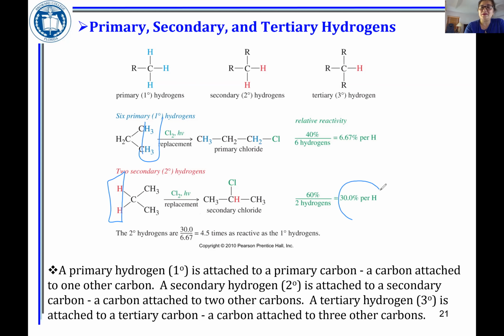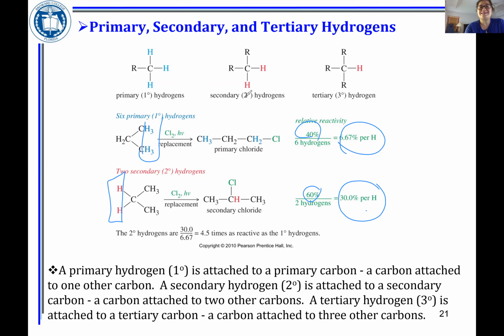Because you get like 30% of the product per hydrogen for secondary, and like 6.67% per hydrogen for the primary. But I think most of you got it when I said six hydrogen only gives 40%, 2 hydrogen gives 60%. That says that a secondary free radical is a lot more stable.